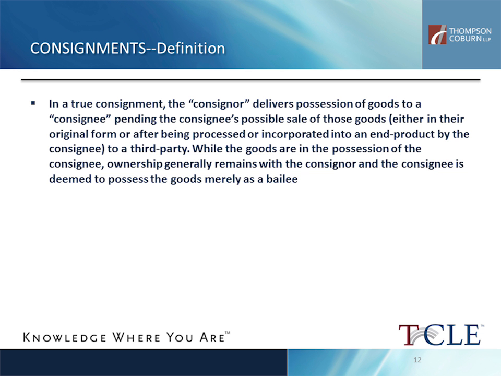And under this arrangement, the supplier typically retains title to the goods even when they're in the hands of the retailer. So if the retailer becomes insolvent, the supplier can typically recover its goods, even those that are in the possession of the retailer, because the supplier, again, is considered the owner of those goods.